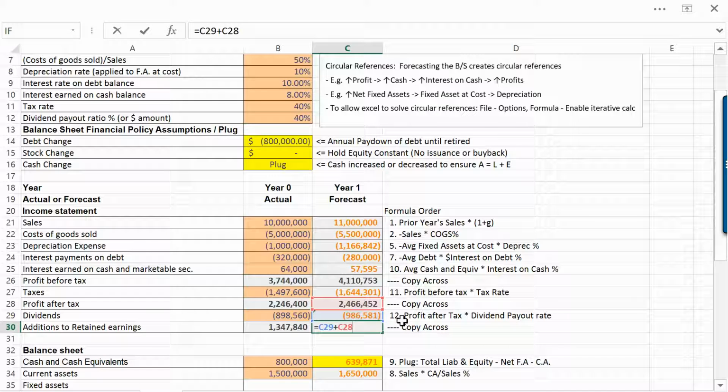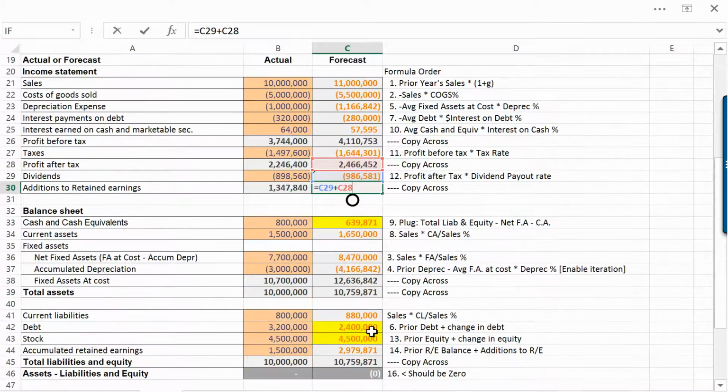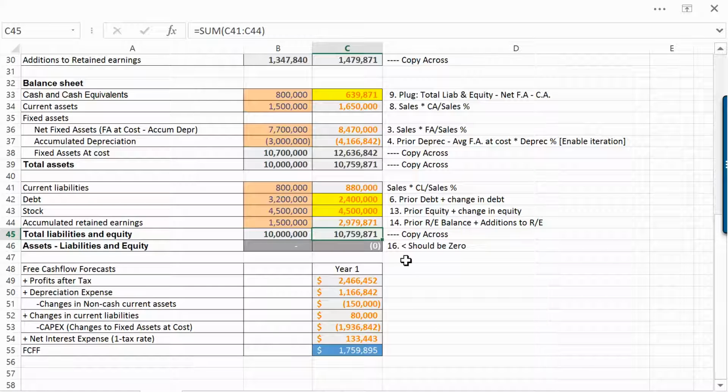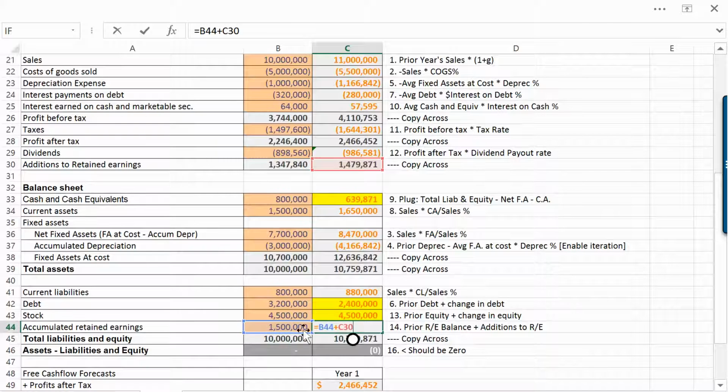That gives me additions to retained earnings of 60% of profits. So what is not paid out as a dividend goes to retained earnings. This number then goes down here to additions to retained earnings. There's my retained earnings: the prior year balance plus additions to retained earnings.